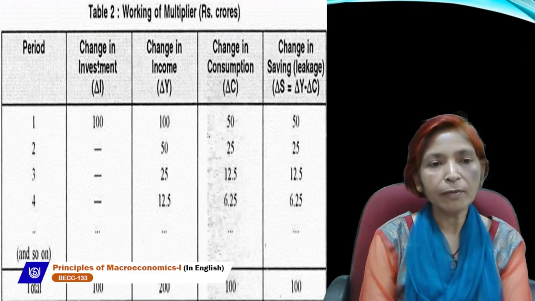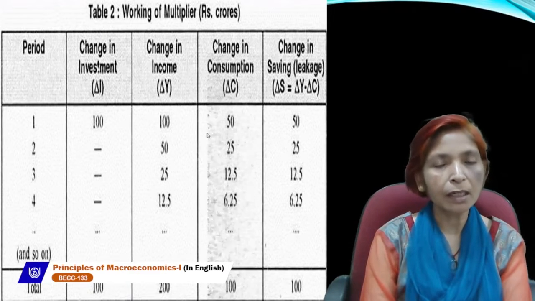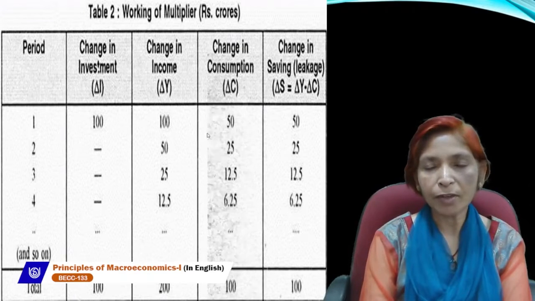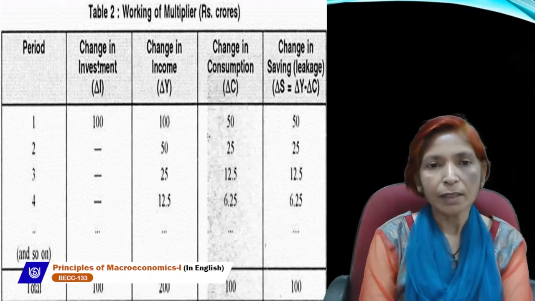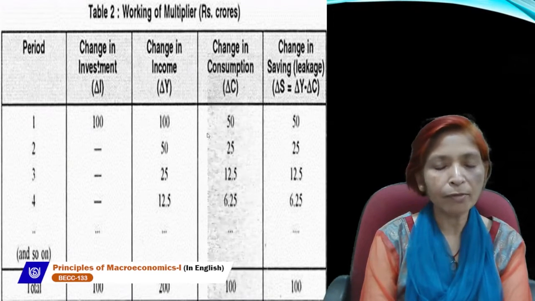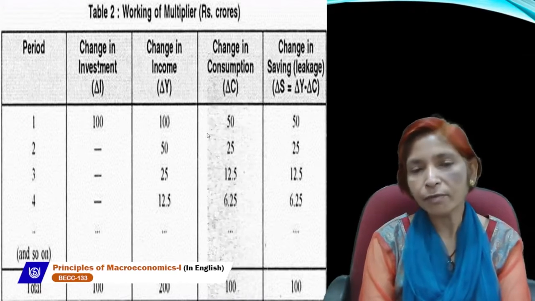Change in income in the first year will remain the same, 100 crore. Change in consumption is 50 because we assume that MPC is 0.5. So 0.5 multiplied by 100 gives 50.